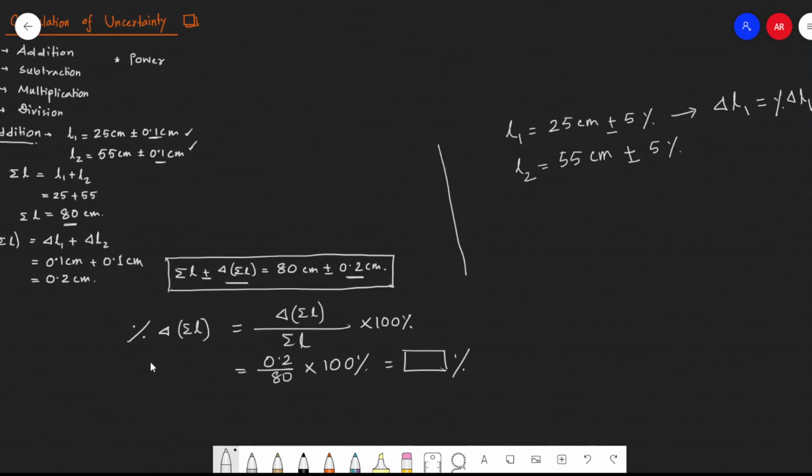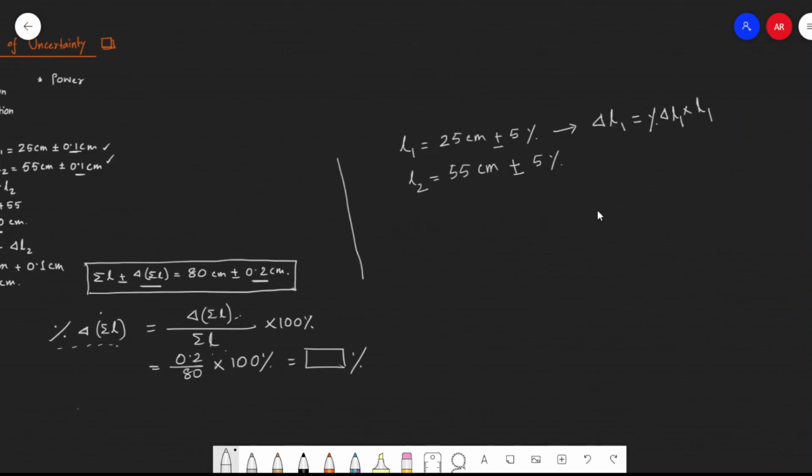You see the same formula right here. The percentage uncertainty is absolute uncertainty divided by value. When we solve for absolute uncertainty, it becomes the product between percentage uncertainty and the value. That's what we did here. Del L1, the absolute uncertainty, is the percentage uncertainty multiplied with its value.